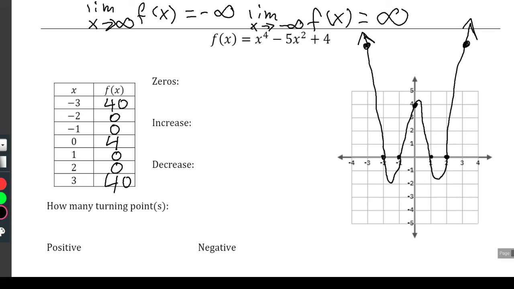So we'll have a graph that looks like that. So you can probably see we already have our zeros. They're at (-2, 0), (-1, 0), (1, 0), and (2, 0).